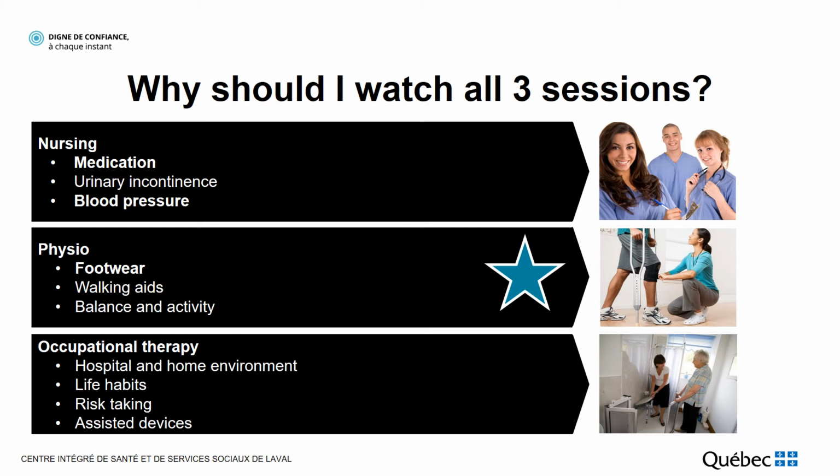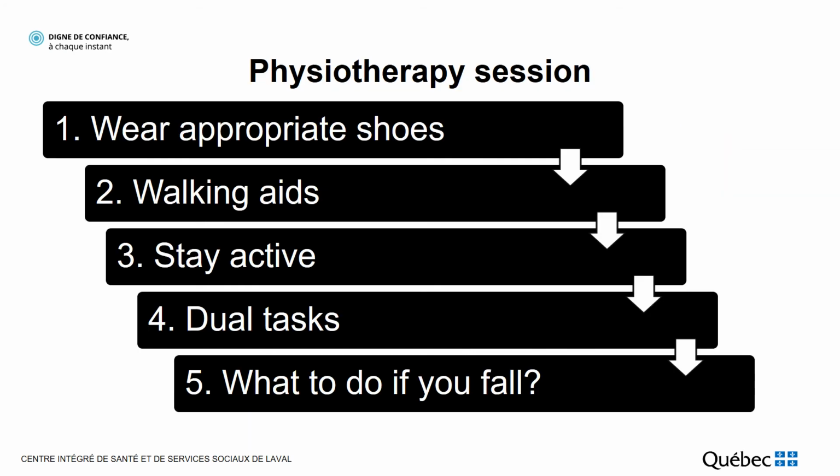And in occupational therapy, you will approach hospital and home environment, life habits, risk-taking, and assisted devices you can use. In summary, the physiotherapy session will talk about how to know if you are wearing appropriate shoes, which walking aids you can use, the importance of staying active, the risk of dual tasking, and what to do if you fall.